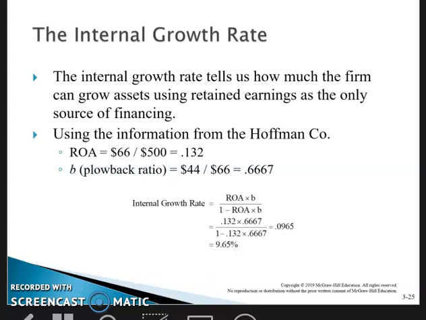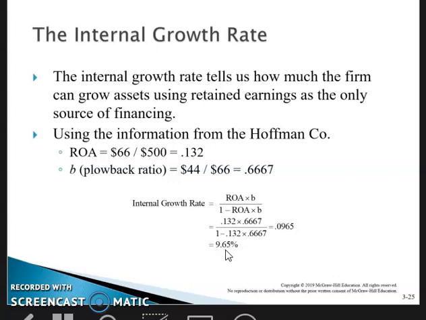The internal growth rate is the ROA times the plowback ratio, divided by 1 minus the ROA multiplied by the plowback ratio. Plug those in and we get an internal growth rate of 9.65%. So without any external financing, the company can grow at a rate of 9.65%.